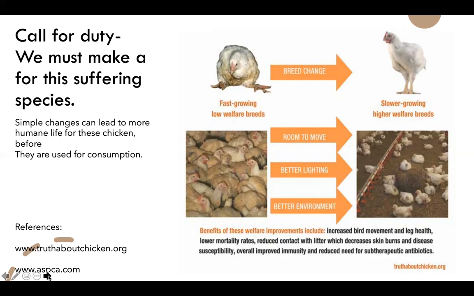By using a breed that is slower growing instead of growing so quickly over a short amount of time, it would really increase their movement and their leg health, and lower their mortality rates, as a lot of them are perishing before they're even developed enough to be consumed by us. We would also be seeing a decrease in the skin burns and the diseases that I had discussed, very briefly, from the ammonia that they're exposed to from their urine and their feces.